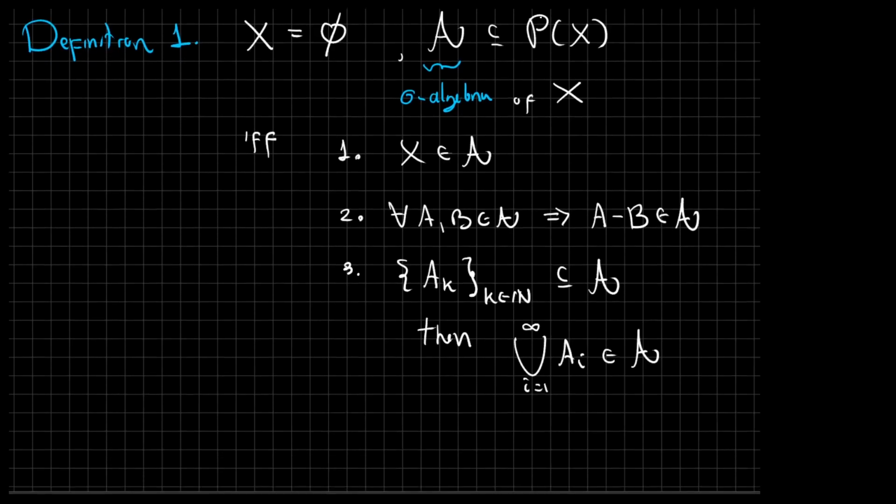So with this definition, we say that if you have a set, let's say X, and its sigma algebra, then the elements A in the sigma algebra are measurable sets.